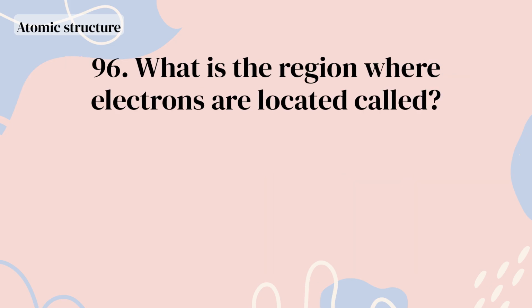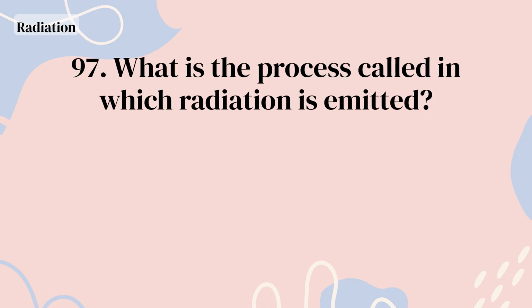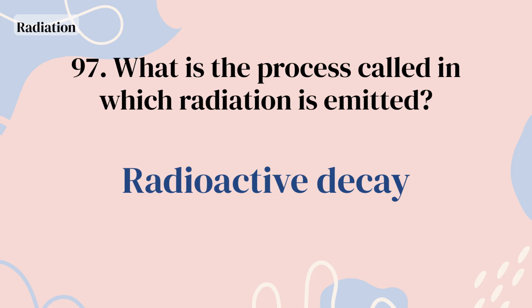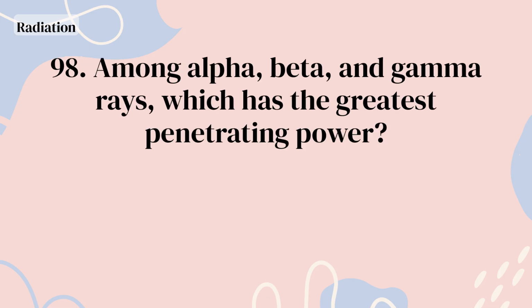What is the region where electrons are located called? Electron orbit. What is the process called in which radiation is emitted? Radioactive decay. Among alpha, beta, and gamma rays, which has the greatest penetrating power?